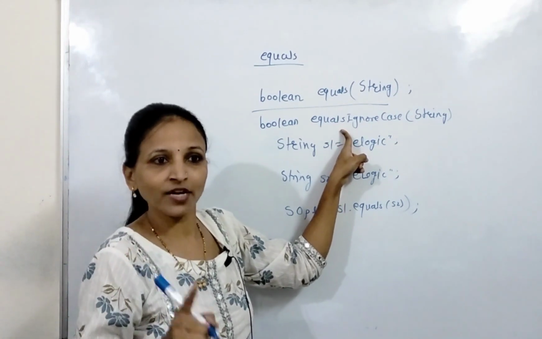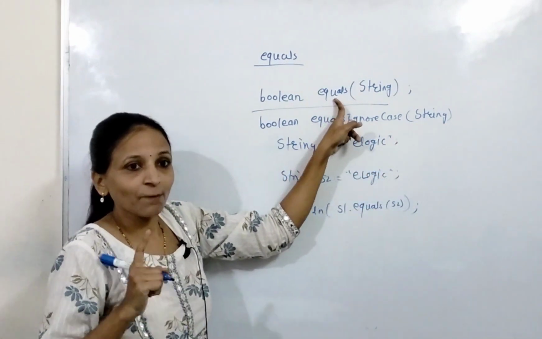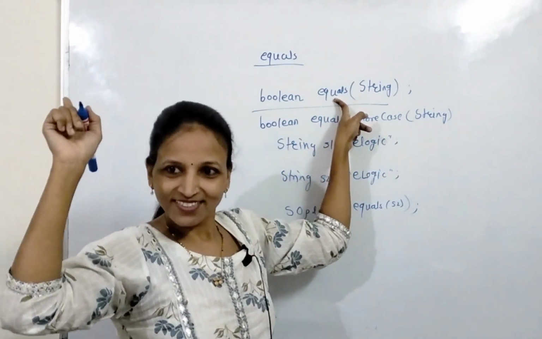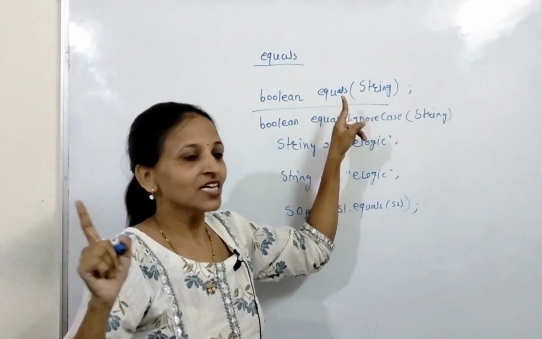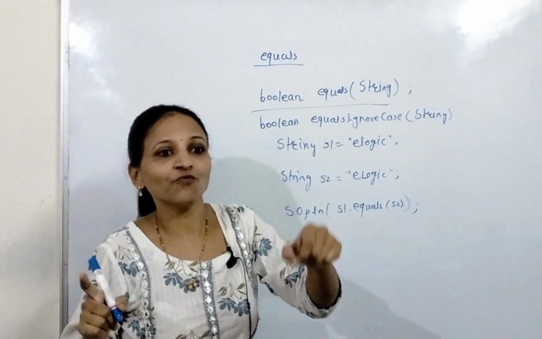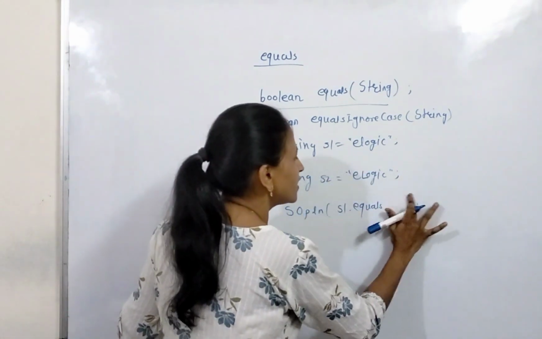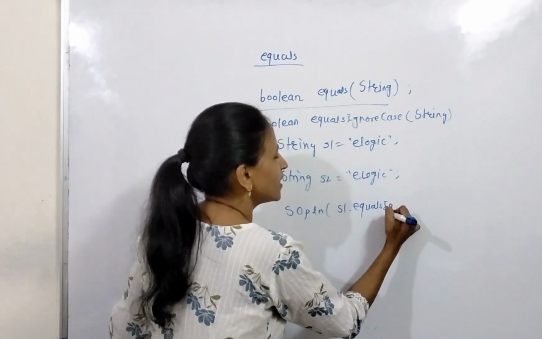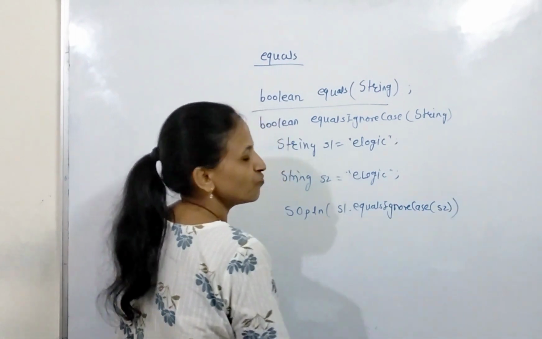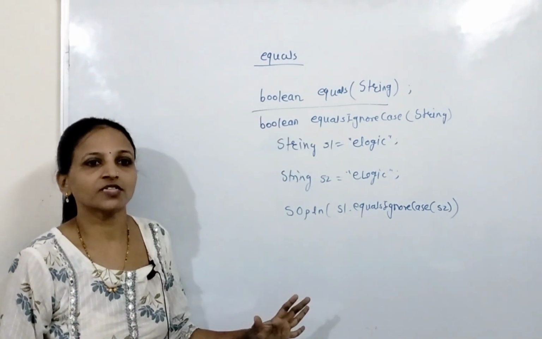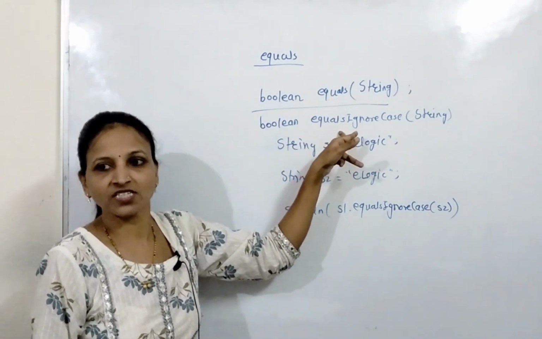It is purely for strings. The equals method is applicable for all objects, but this method is applicable only for strings. This is the difference. If you write equalsIgnoreCase with s2, then it will return true or false depending on the contents, ignoring case. Always keep in mind equals and equalsIgnoreCase.